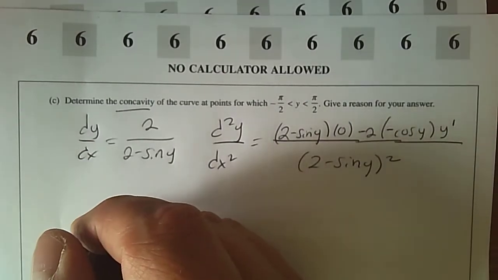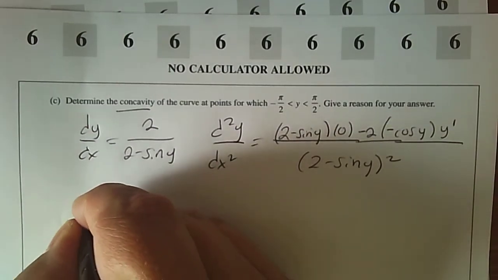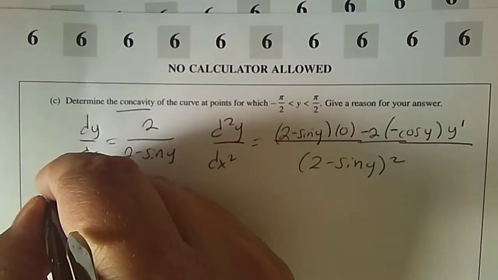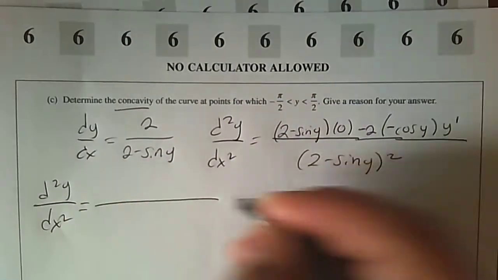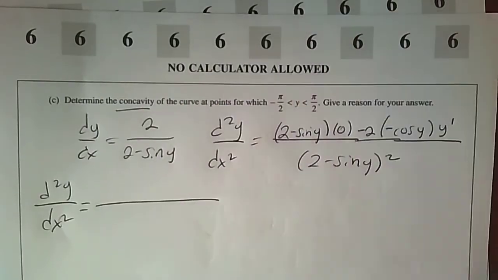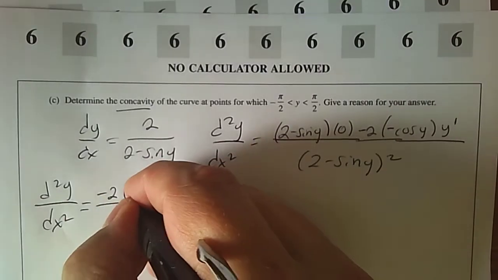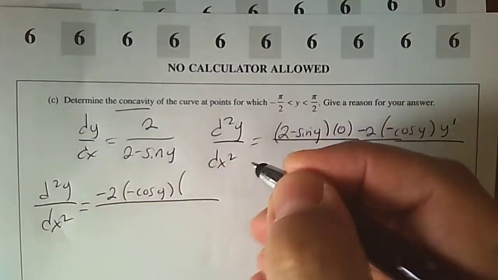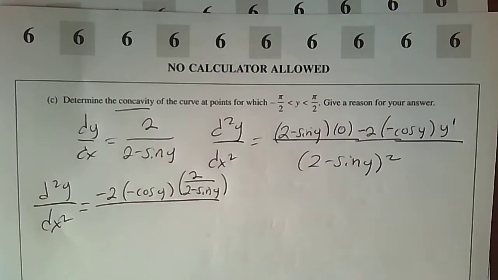Now, one more step. We're going to substitute in what dy by dx is again, back in. So the second derivative, 0 times this is 0. We have negative 2. We have negative cosine y. And then dy by dx is 2 over 2 minus sine y.